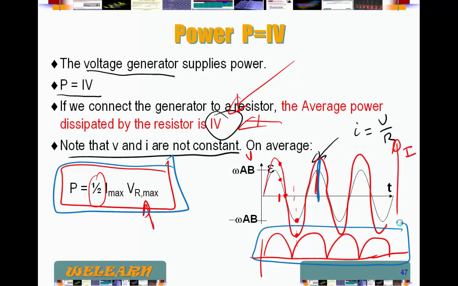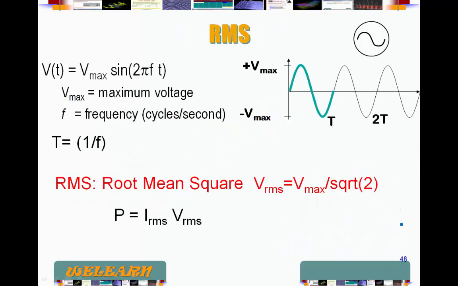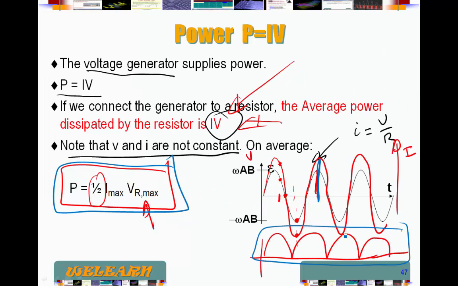Now, because of that, we define something we call the root mean squared. Average, remember, is a mean. What we define as the root mean squared is V max over square root of 2. Remember this expression, what do we have here?